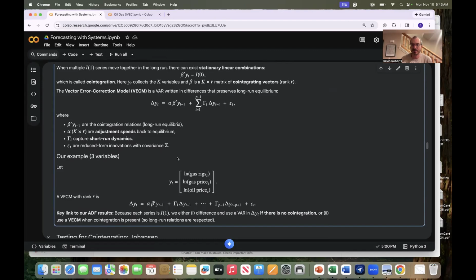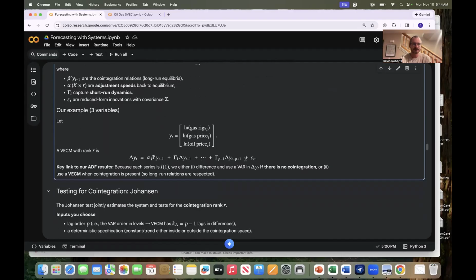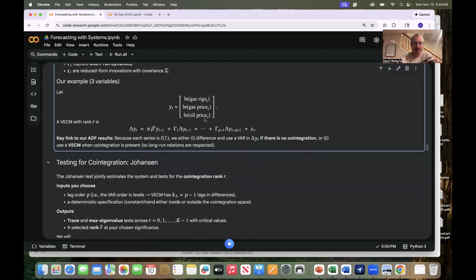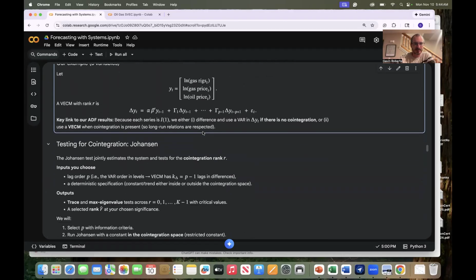The individual equations have error variance. And so this matrix for us, for our three variable example, is just a 3 by 3, or in general, it's a k by k describing how errors are related across our different equations in our system. So then we can just write this guy right here.